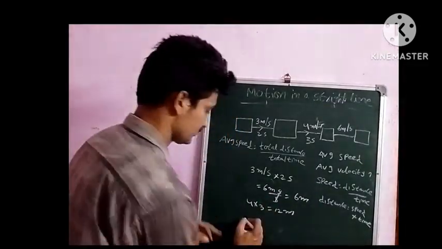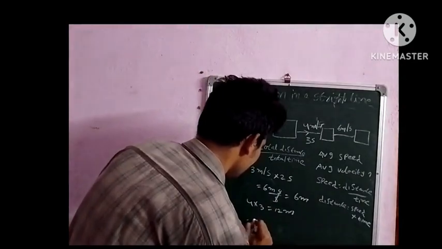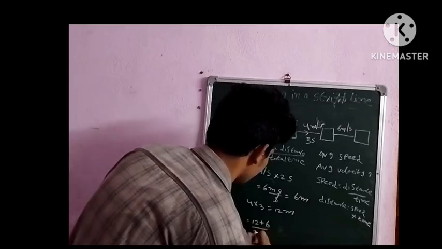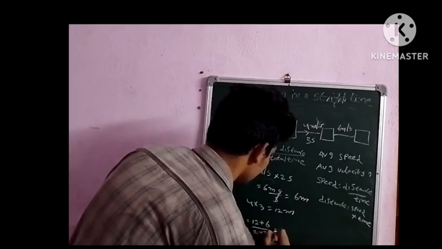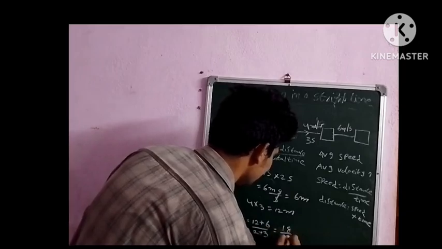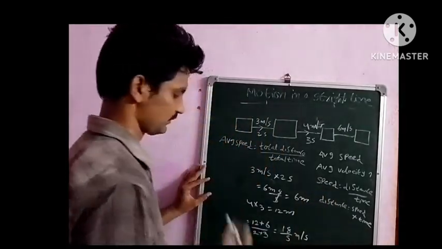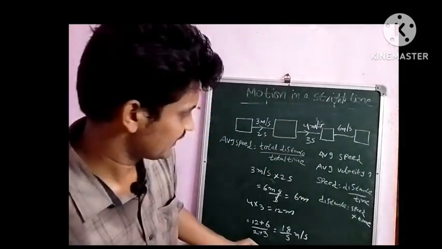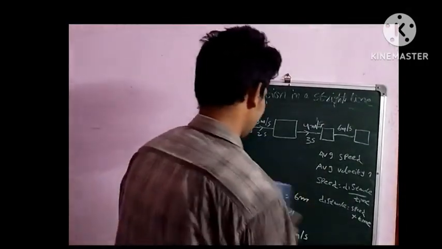What is the average speed, guys? Total distance by total time: 18 by 5 meter per second. This is the average speed. Now we calculate the average velocity.